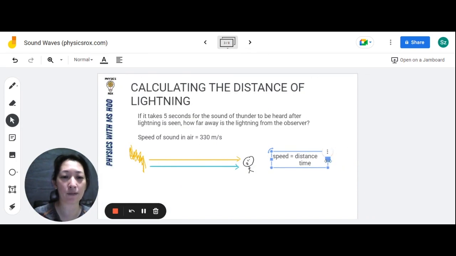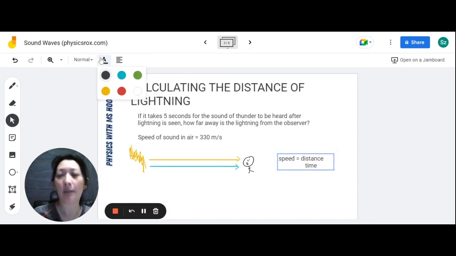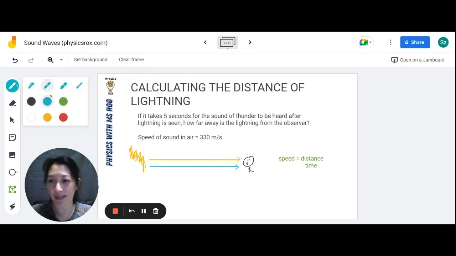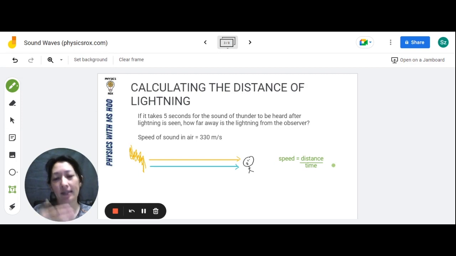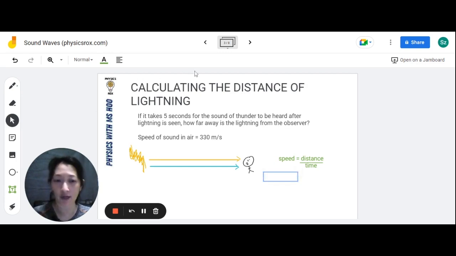I'm going to put this in a different color just to make the working a little bit more attractive. So let's put that as green. Okay, so speed is distance divided by time, which means that if you want to calculate distance, we just need to rearrange the formula, which will give us distance equals speed times time.